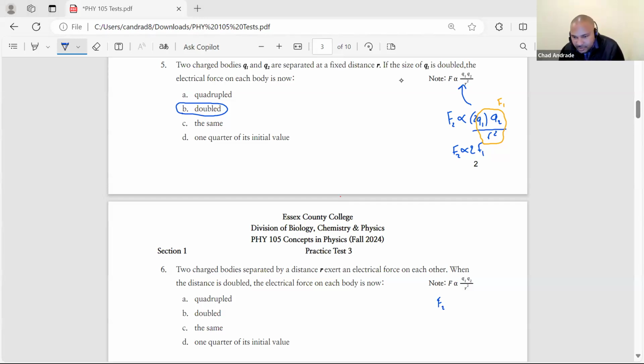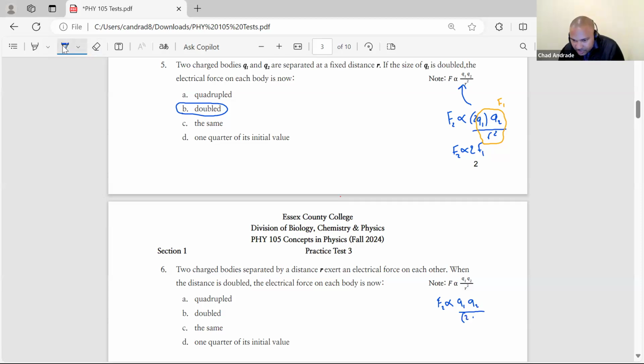It says when the distance is doubled, so I'm going to say F2 is proportional to Q1 times Q2. And this time on the bottom, instead of R squared, it's going to be 2R squared. I should have put a little space in between. So I'm going to put a little bit of space.